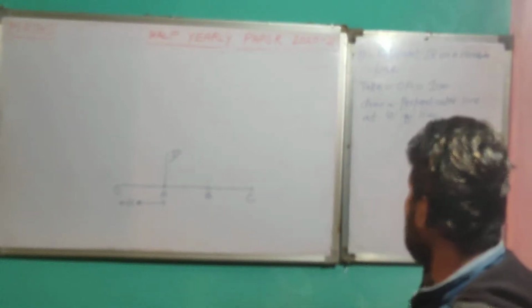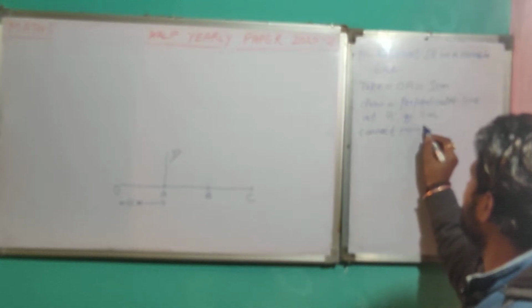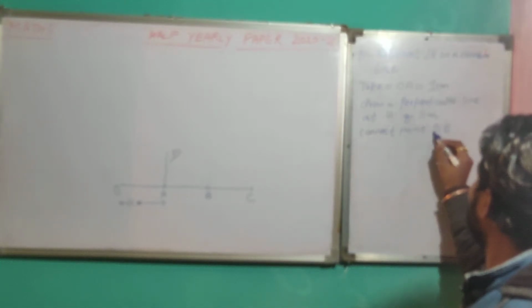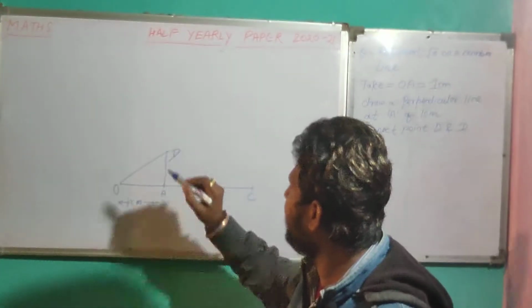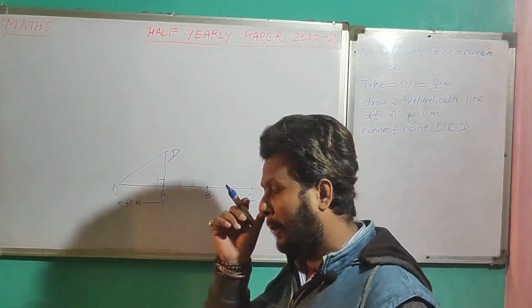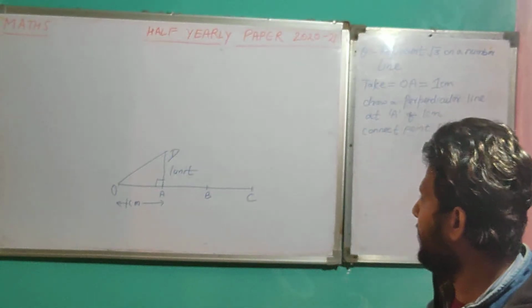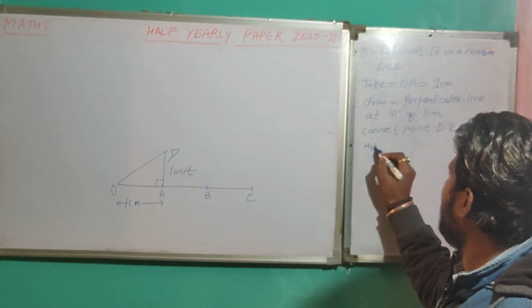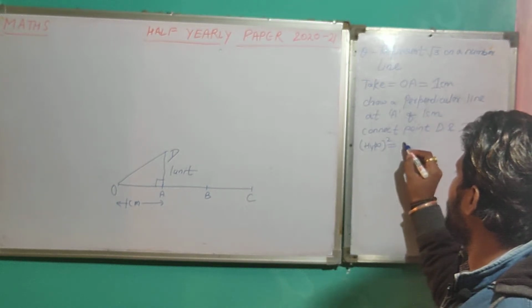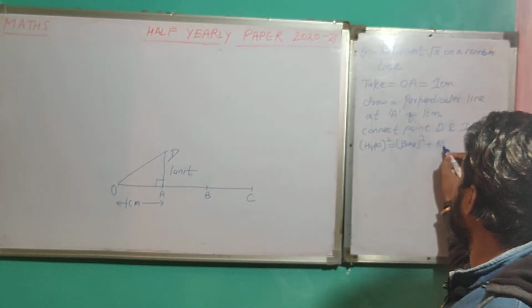Okay, now connect the points O and D. We get a right angle triangle OAD. This is also one unit. Now we know very well that in a right angle triangle, hypotenuse square is equal to base square plus altitude square.